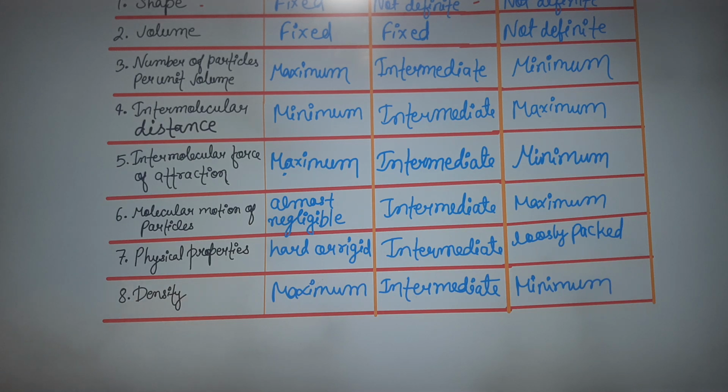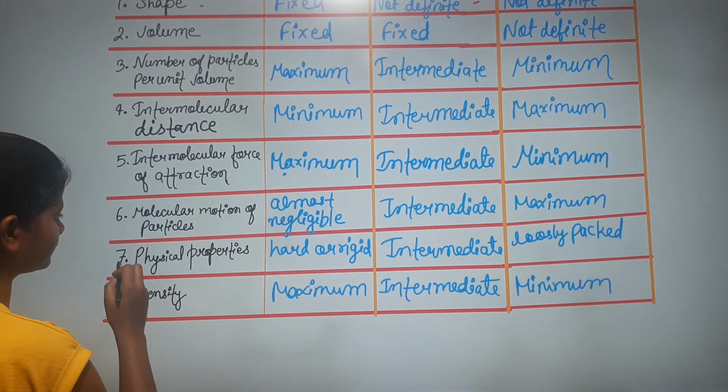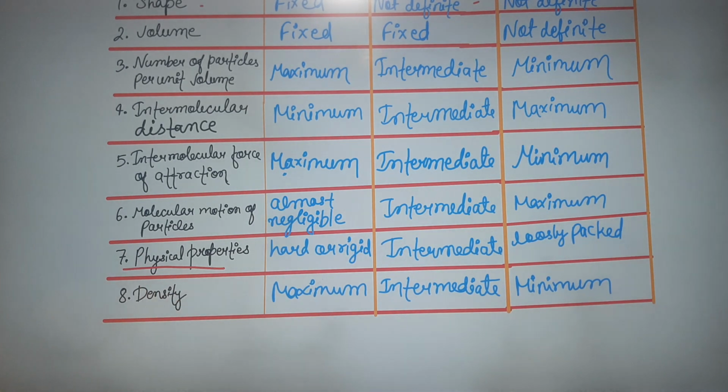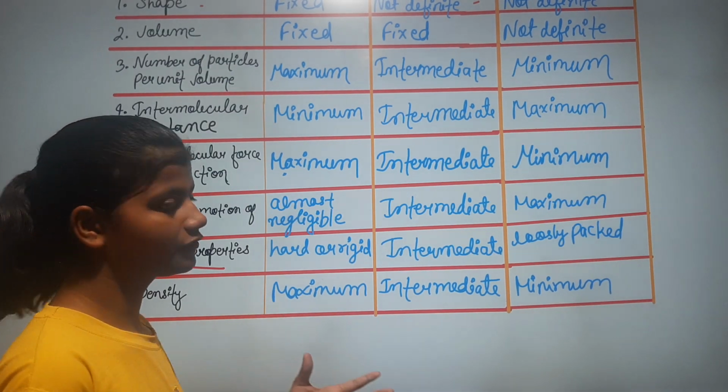And the seventh one is physical properties. So a solid is hard, rigid, non-compressible, non-elastic. So these are the physical properties of a solid.